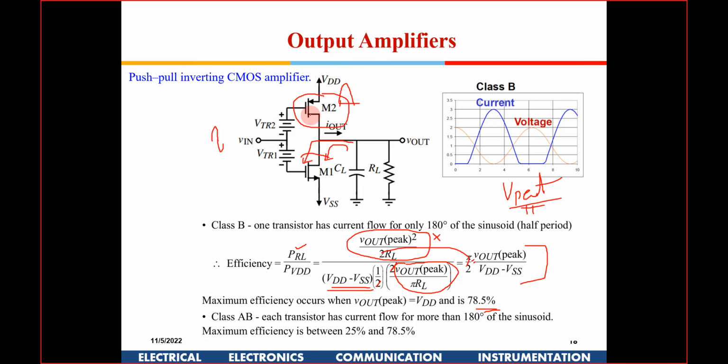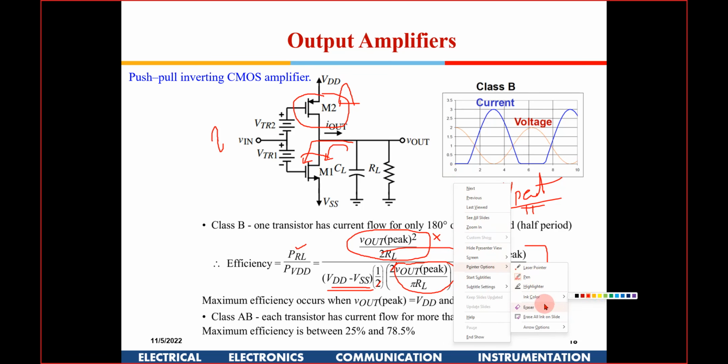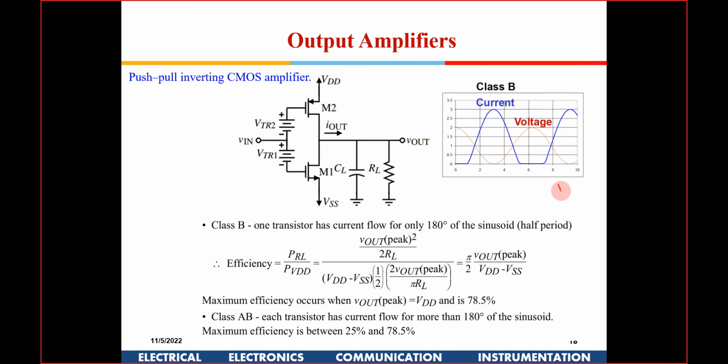Now, if I just make an inverter out here, till the time this goes to VTN, this will not be switched on, and I don't want that kind of loss of signal.